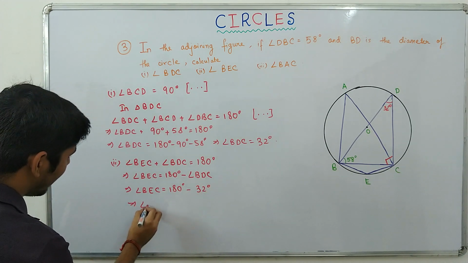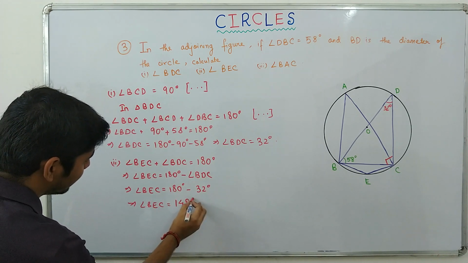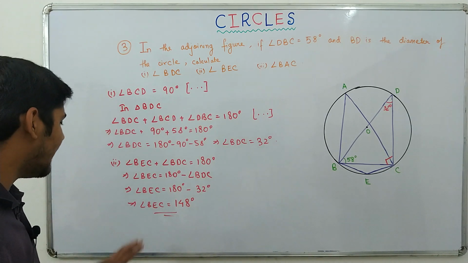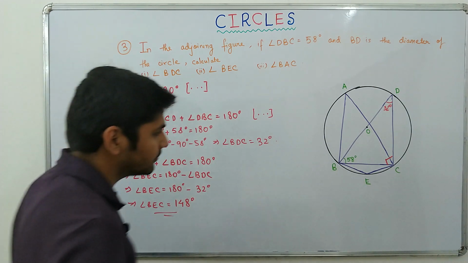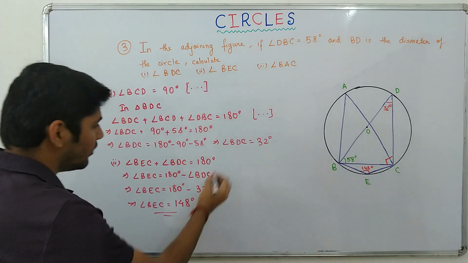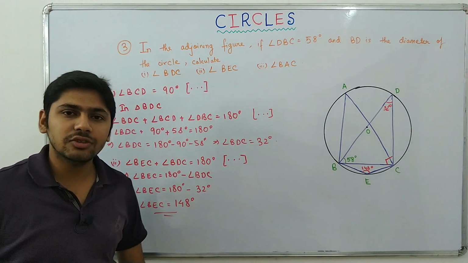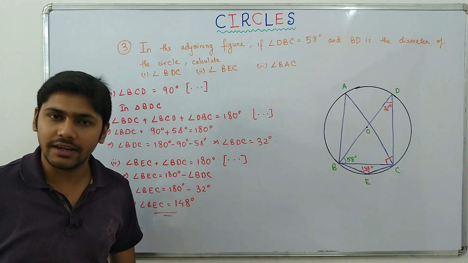So we get angle BEC is equal to 148 degree. So we get our second answer, that angle BEC is 148 degree. This is 148 degree. And over here beside this I will write the theorem that I used, that opposite angles of a cyclic quadrilateral are supplementary.